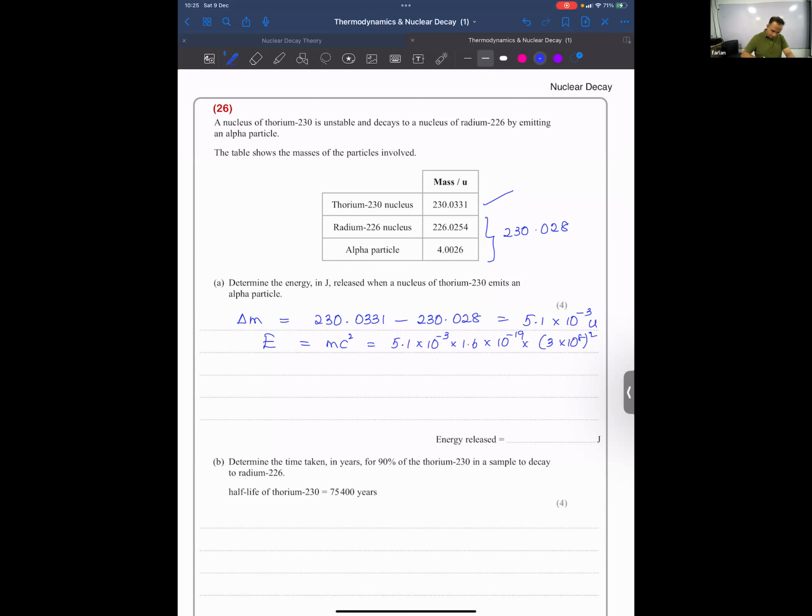So it's in use, so shouldn't you convert it to kilograms? Shouldn't you convert it into kilograms? Yeah. Sorry. No problem.